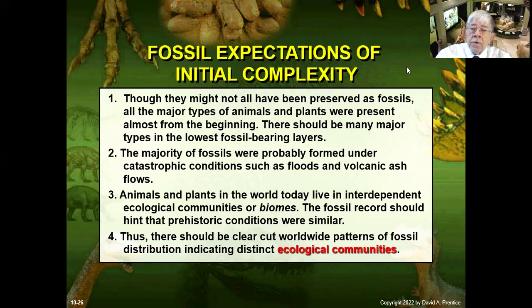Animals and plants in the world today live in interdependent communities, ecological communities called biomes. We expect that the fossil record should hint that prehistoric conditions were similar. So we expect to find a clear-cut worldwide pattern of fossil distribution indicating distinct ecological communities.